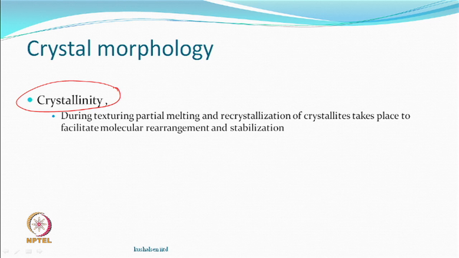Partial melting and recrystallization. So, you must appreciate that your material, which is called a textile material, to begin with is not amorphous. It has crystalline regions, and it also has amorphous regions.